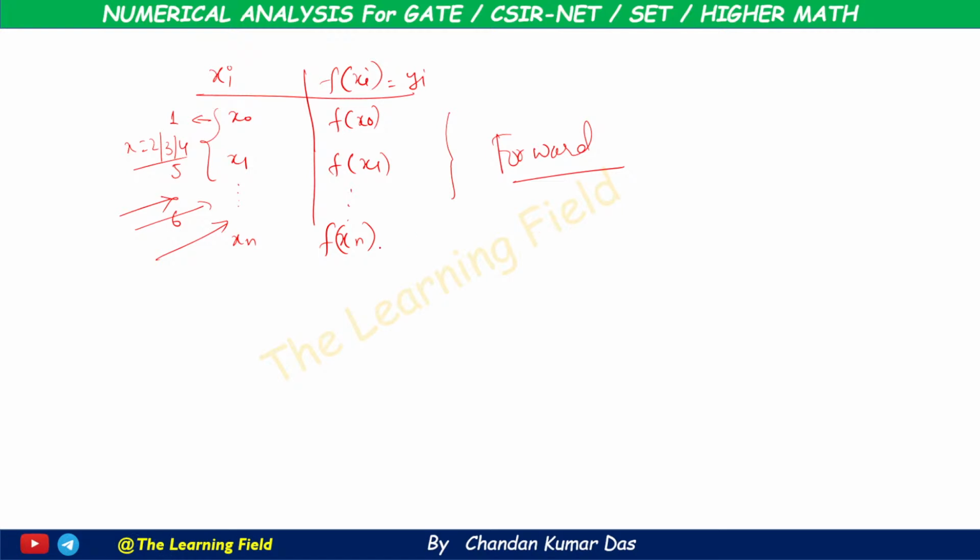Now, before going to the forward and backward interpolation, we discuss one very important topic, which is finite differences. Here finite differences mean one is the forward difference and the second is the backward difference. First, the forward difference.